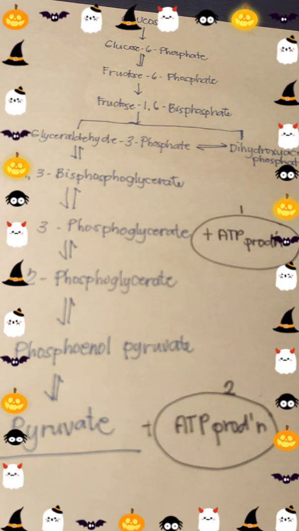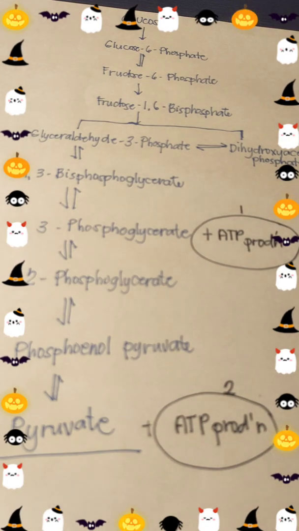Also, in the first five stages there is energy investment, and the phosphorylated forms of the intermediates are synthesized at the expense of ATP.